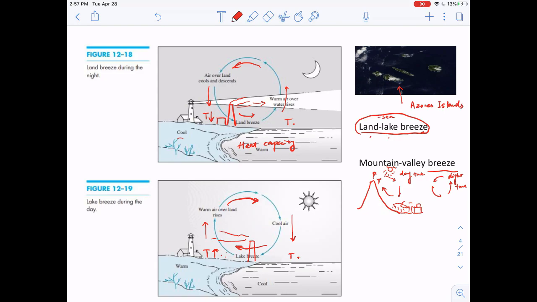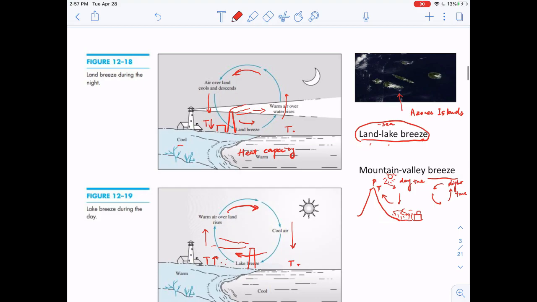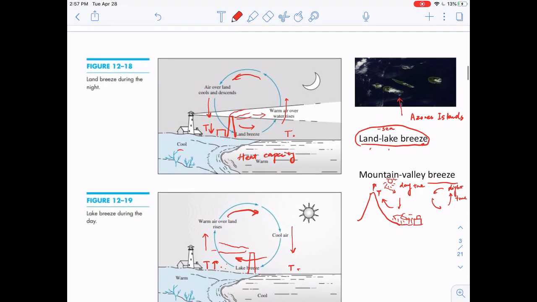Okay, so this is a series of islands in the Atlantic Ocean. It's a very beautiful place. So if you happen to have time or want to travel around the world, you can feel free to go there, because it's a very beautiful place, very beautiful islands. So this is the satellite image showing the Azores Islands.